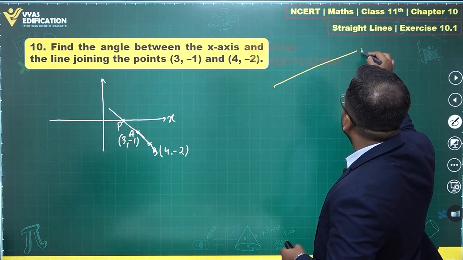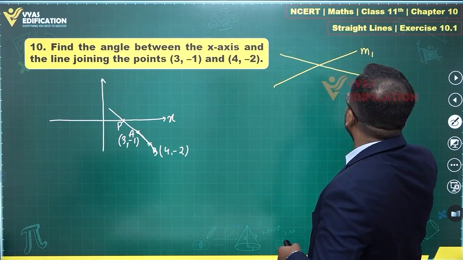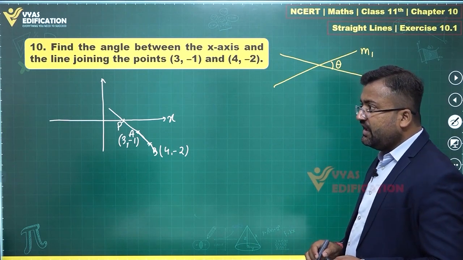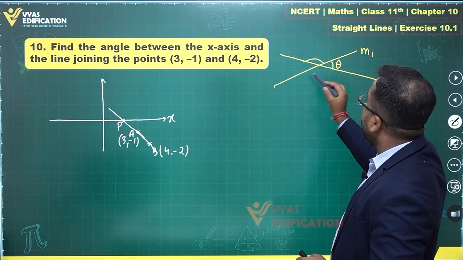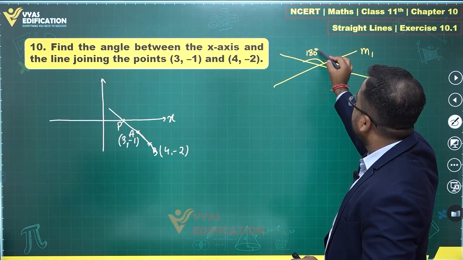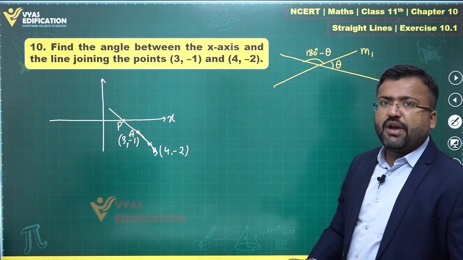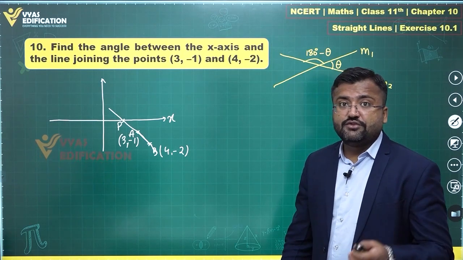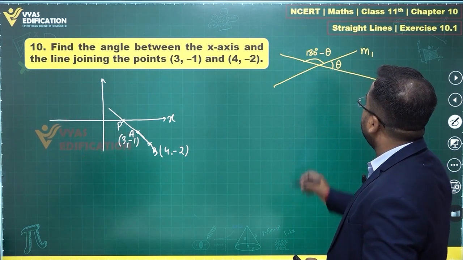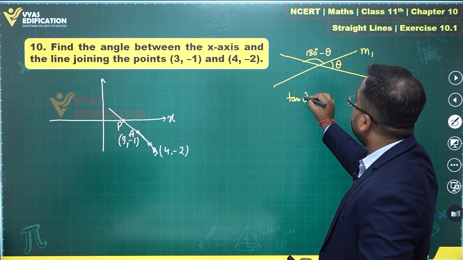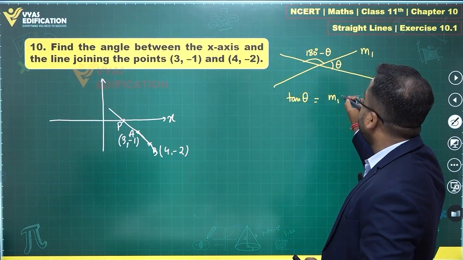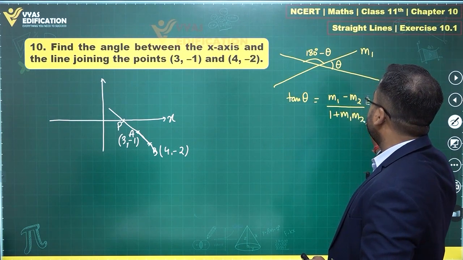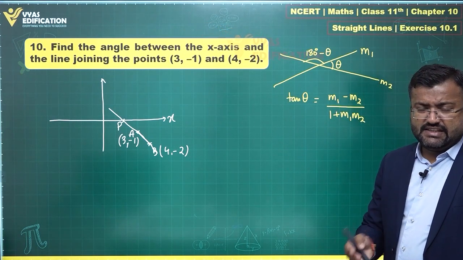For a line having slope m1 and another line having slope m2, if this is the angle theta, then this other angle will be pi minus theta, or 180 degree minus theta, in whichever units you are comfortable with. And tan theta will be equal to (m1 minus m2) upon (1 plus m1 m2). This is the formula which you have derived in the NCERT.